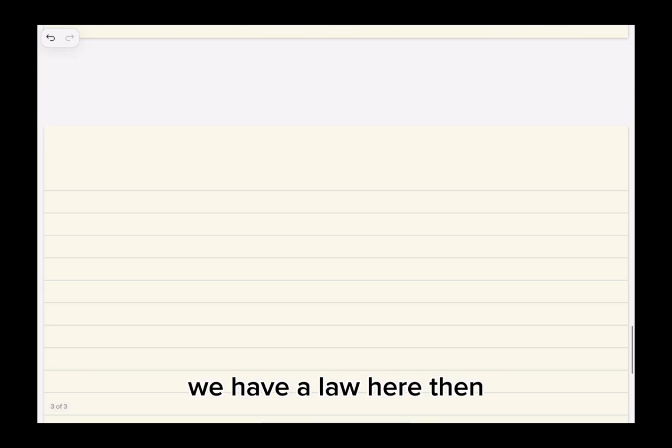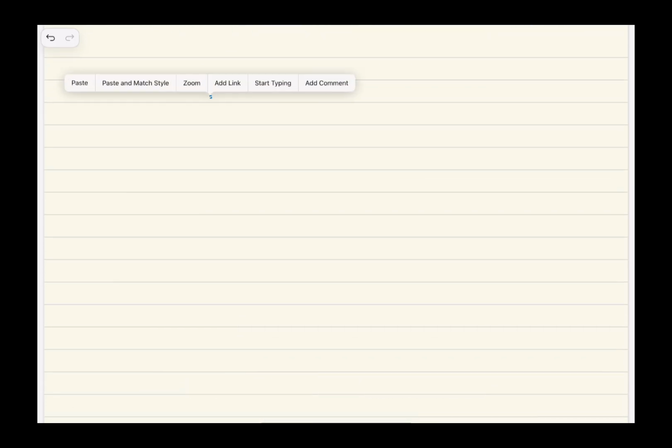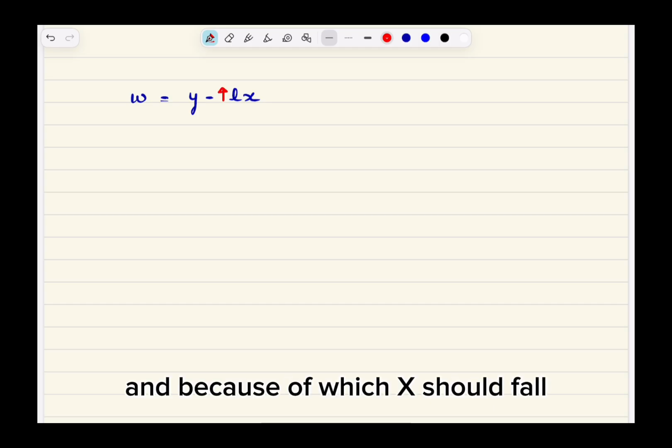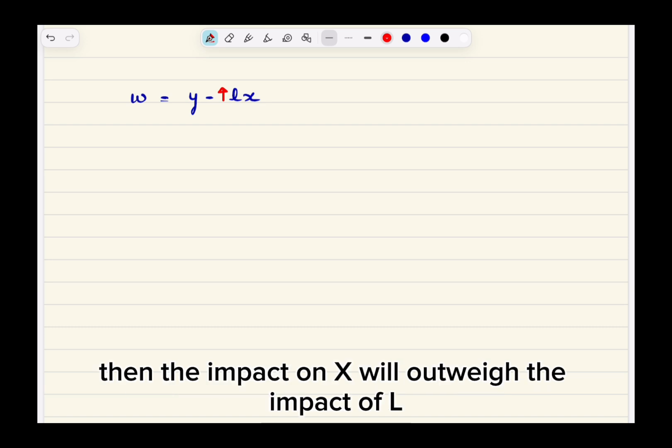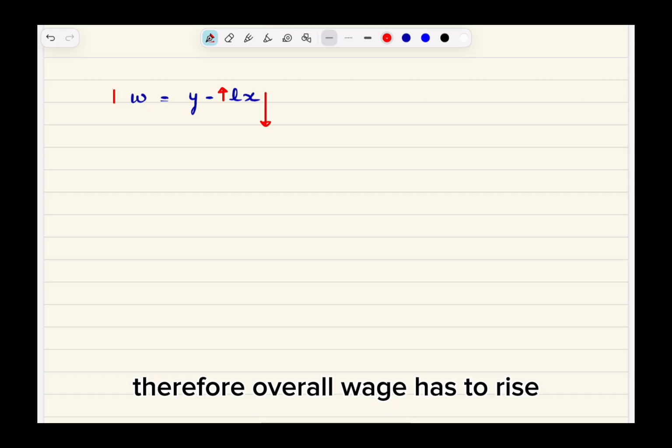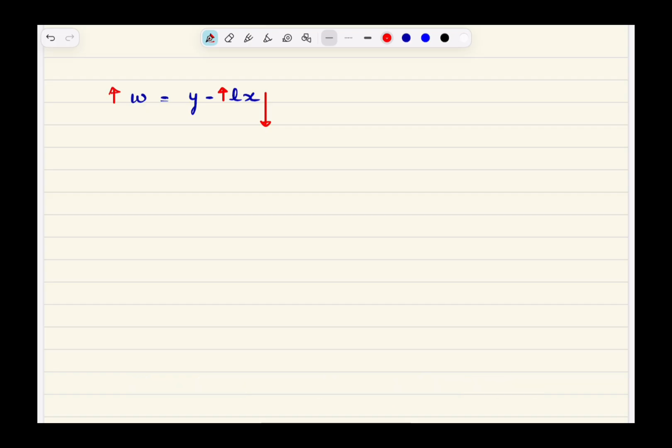We have a law here then, that if land per labor is rising, and because of which X should fall, then the impact on X will outweigh the impact of L. And because it outweighs it, overall wage has to rise.